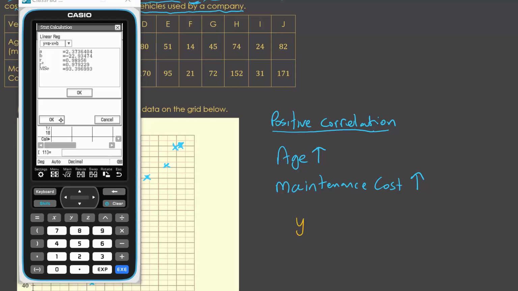And it tells us y is equal to ax plus b. And it gives us the value of a as 2.374. So we've got 2.374x. And the b is negative 22.935, which clearly makes no sense.